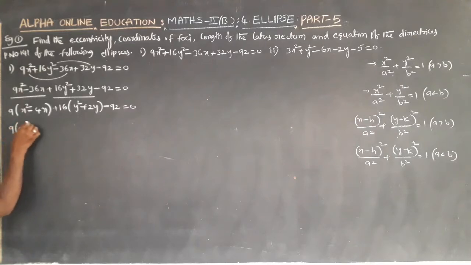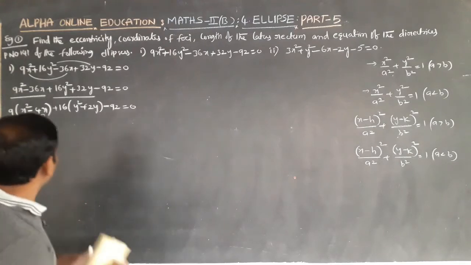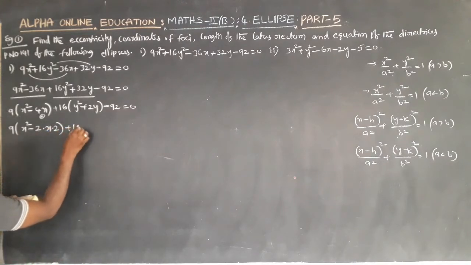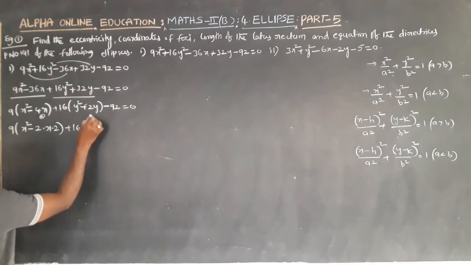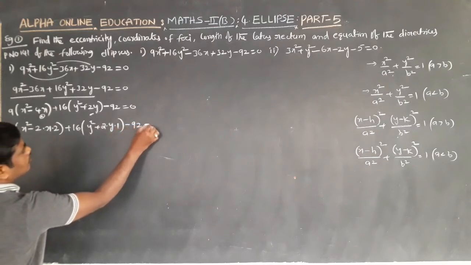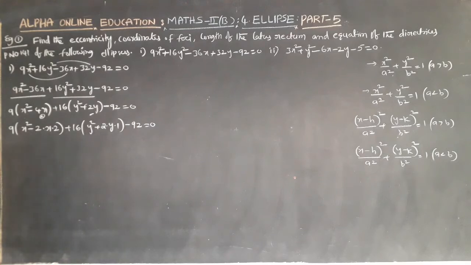9 into x square minus 4x is equal to, write down, 2 into x into 2, plus 16 into y square plus 2y is equal to, write down, 2 into y into 1, minus 92 is equal to 0. 9 into, let x be the a square minus 2ab.